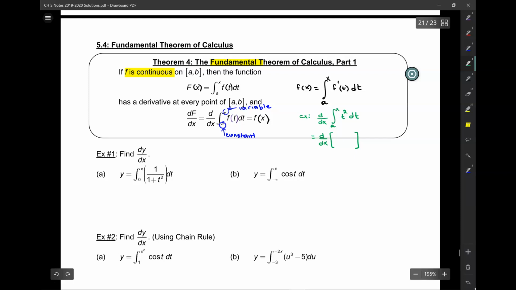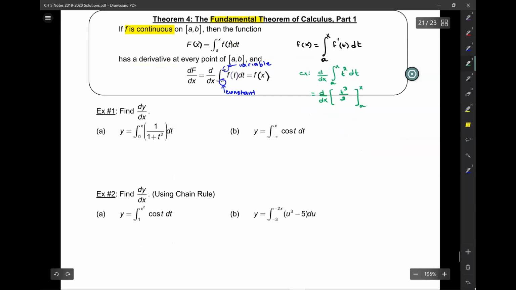We find the antiderivative is t cubed over 3, right? From what to what? From a to x. This is the derivative of, now let's evaluate that like we were doing in the last lesson, x cubed over 3 minus a cubed over 3.